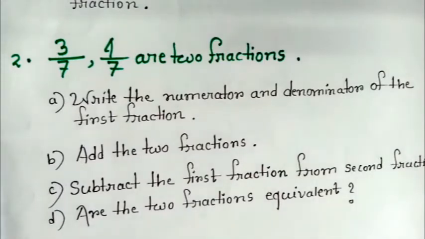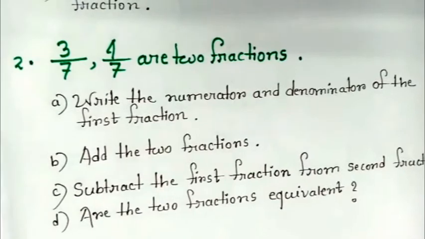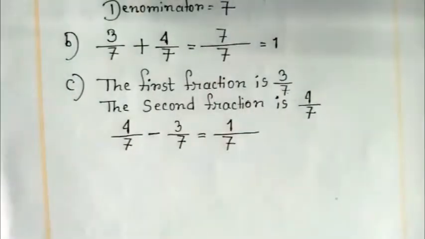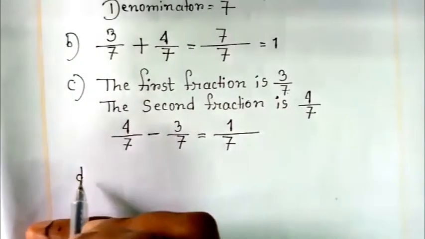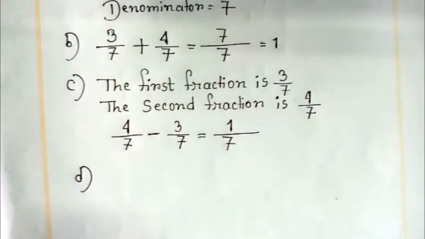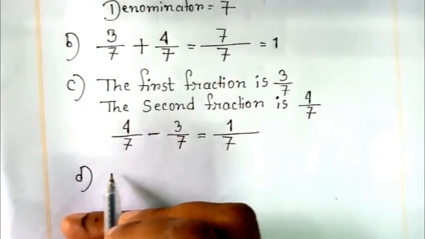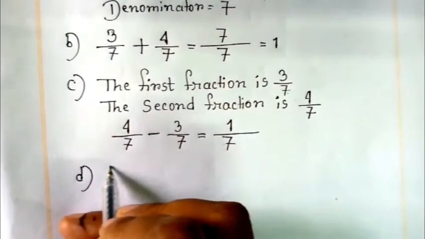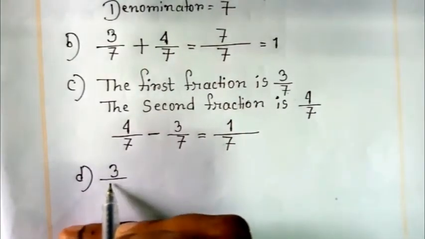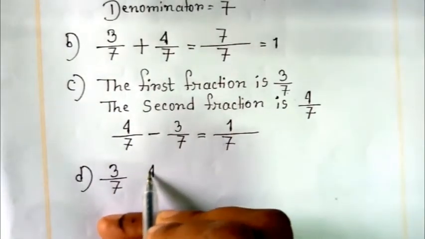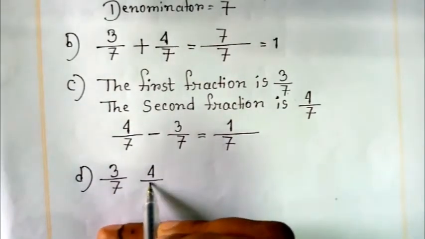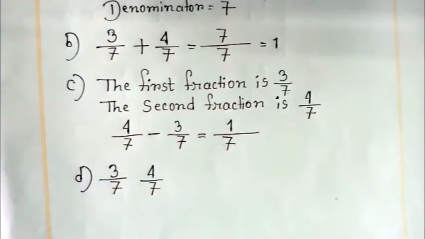So let's see whether they are equivalent or not. D. So here the first fraction is 3/7. And the second fraction is 4/7.